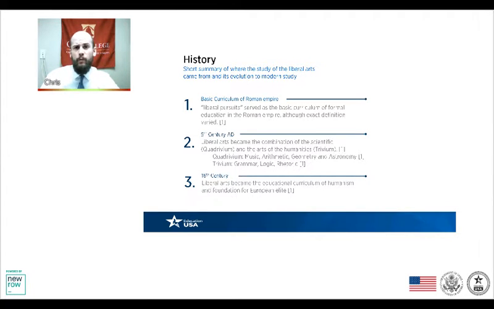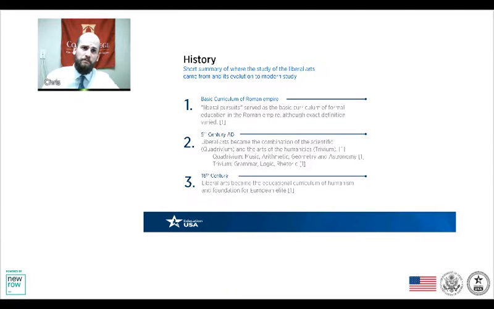They should read well. They should be able to write effectively alongside scientific exploration. That became the new basic criteria for elite education in Europe at that point in time.